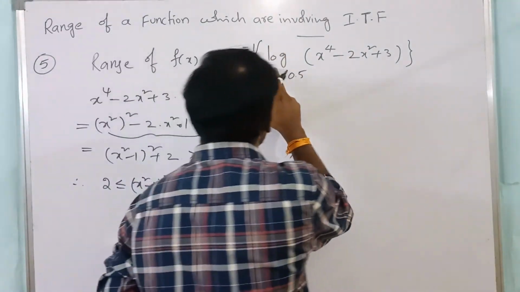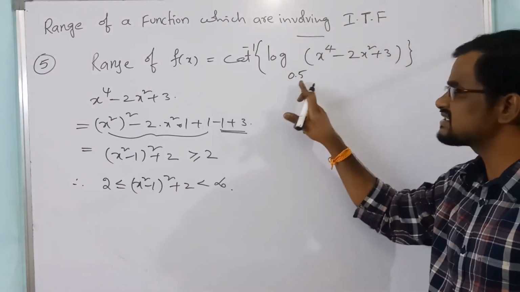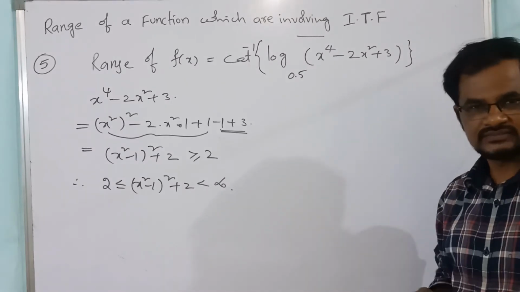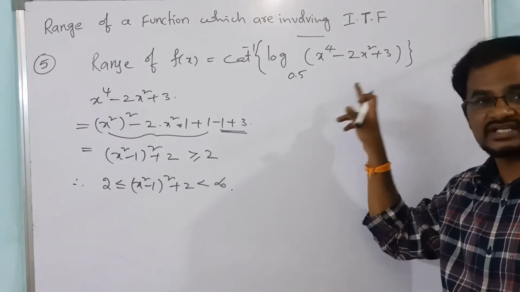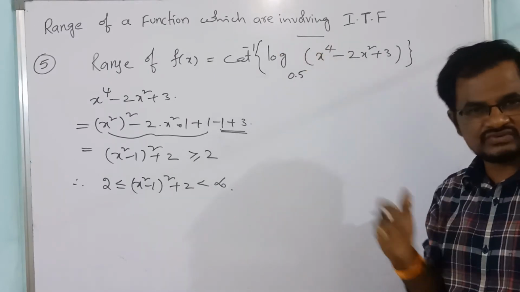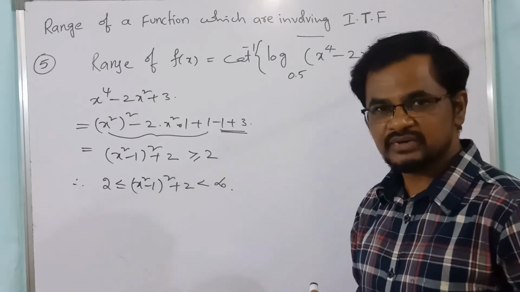For this we have to apply log of this expression to the base 0.5. Here 0.5 is less than 1, so what is the condition when a is between 0 and 1, and what is the condition when a is greater than 1? We learn this in the logarithmic function properties.